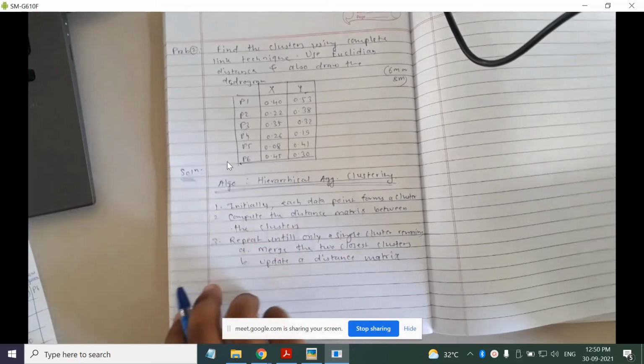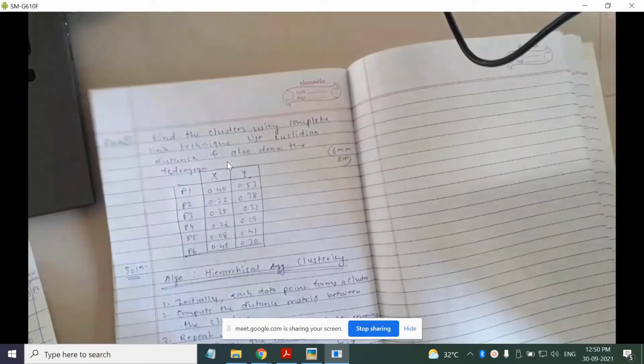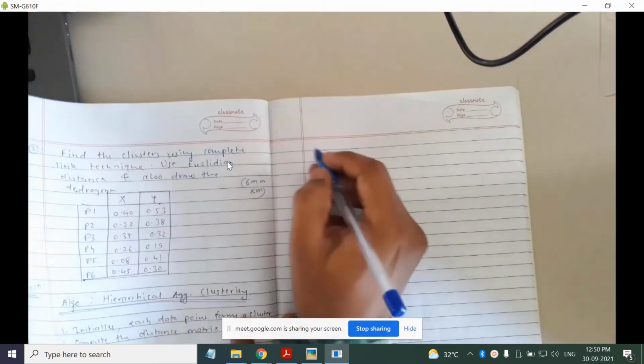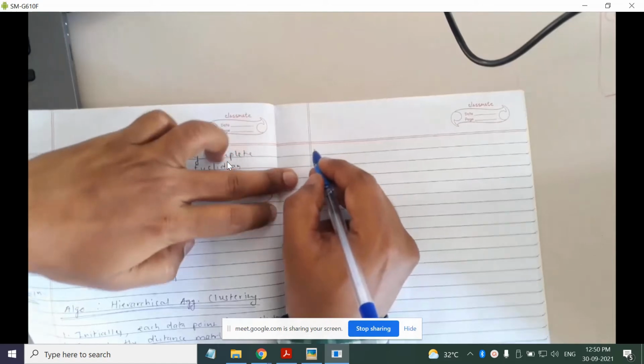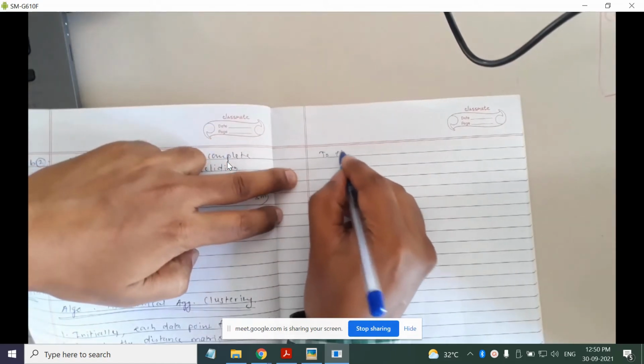Let us apply this on the given samples. My step 1 would be to find the distance matrix.